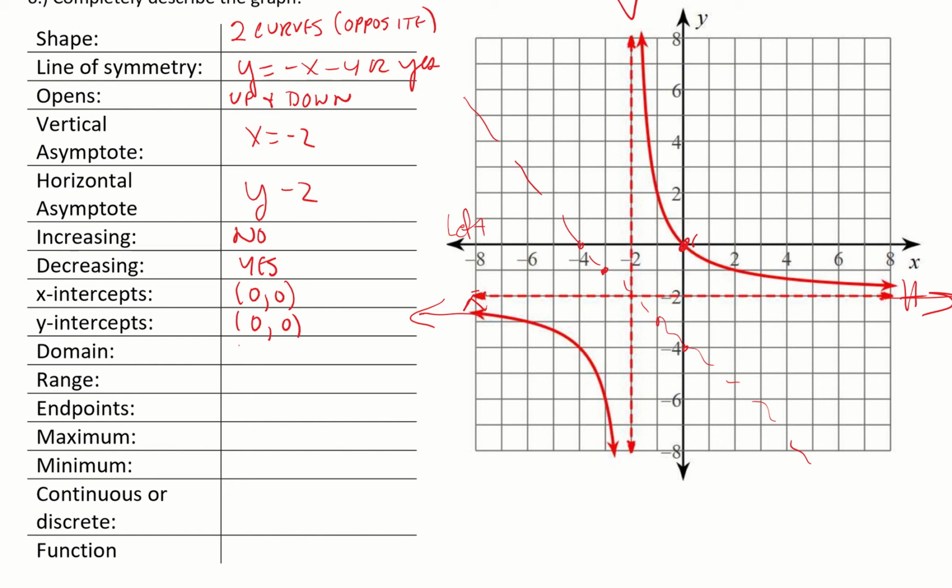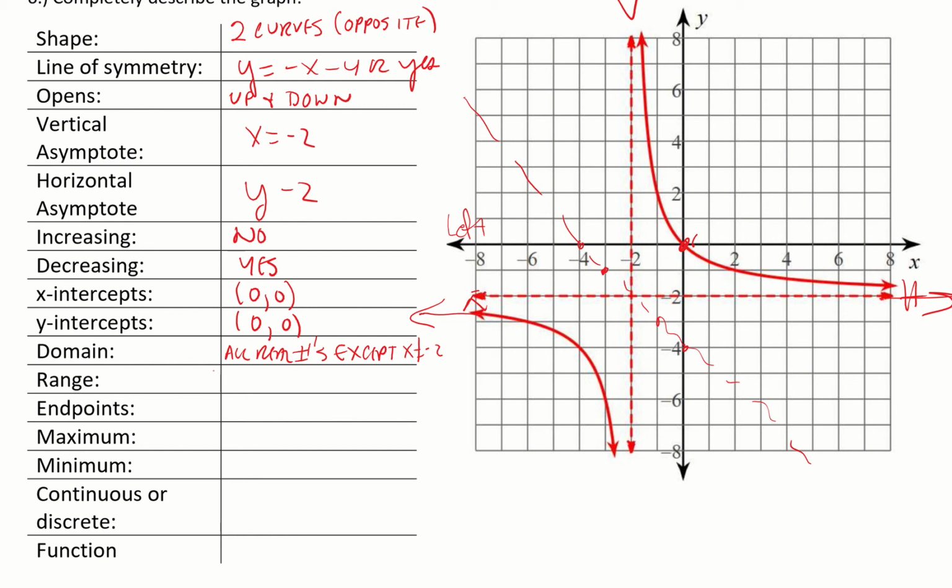So we could say all real numbers except x equals negative 2. Or you could put something like that.